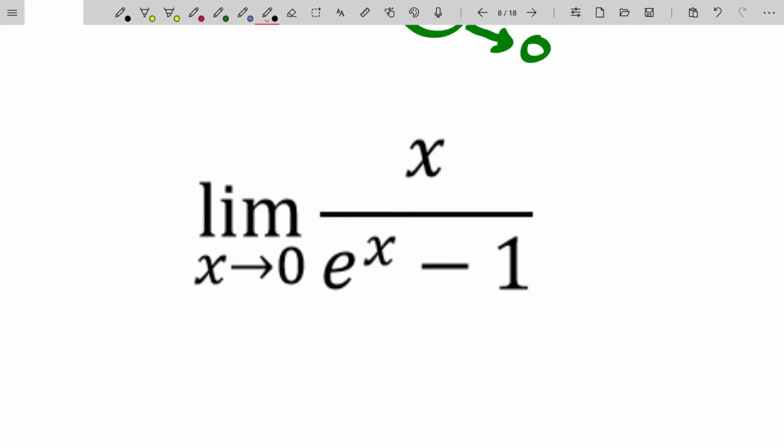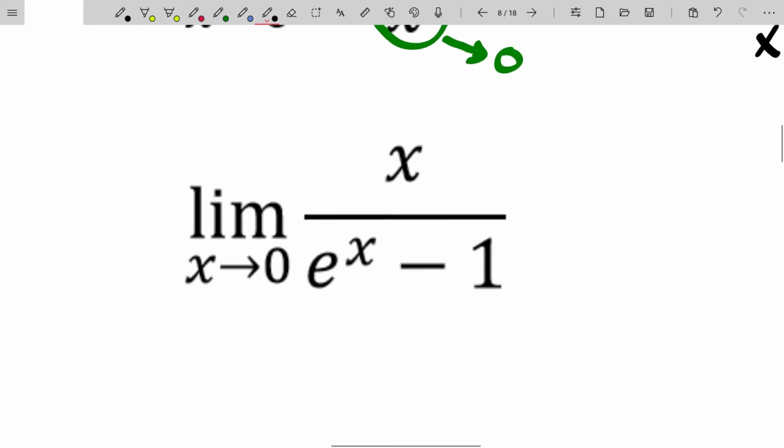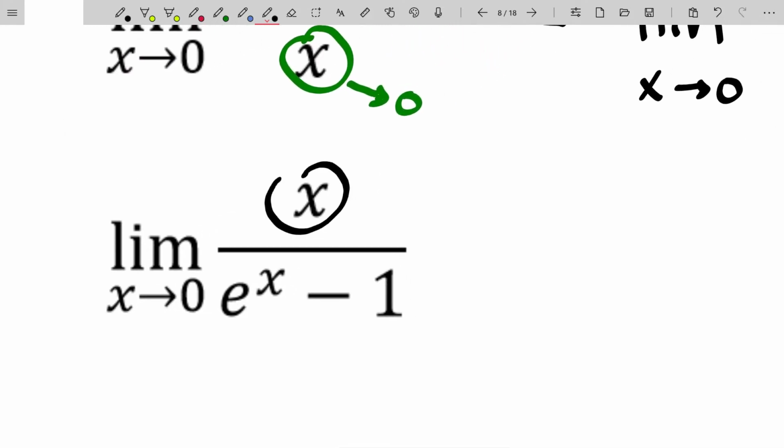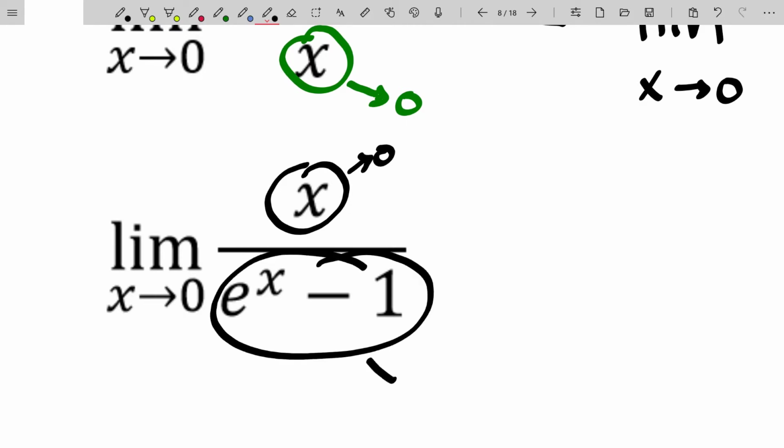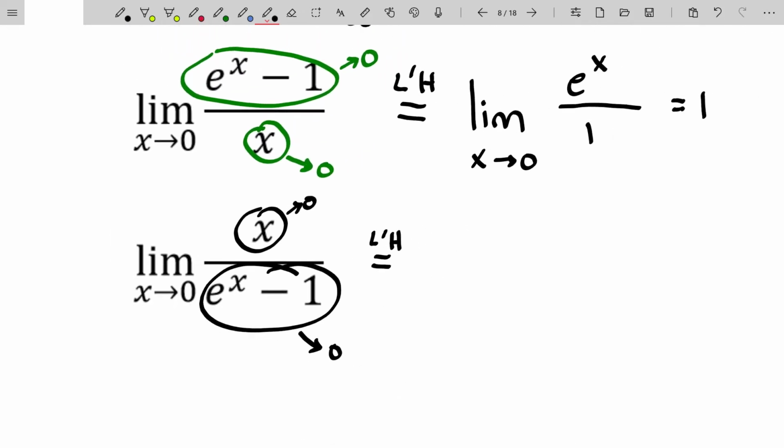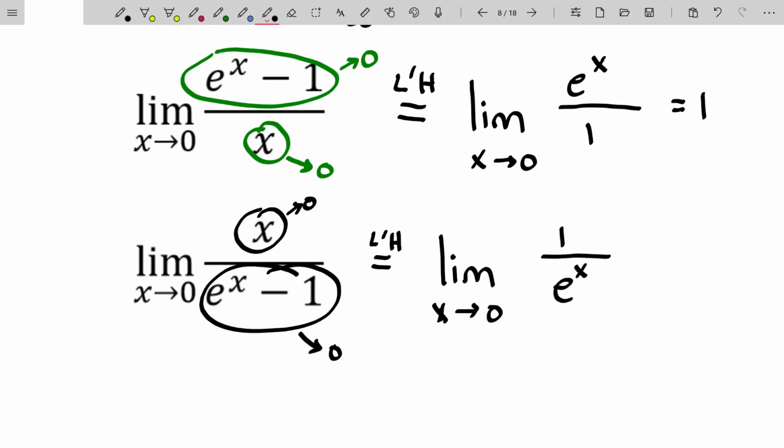Likewise, you could do the same thing in this next example, because again, the numerator is approaching 0, the denominator is approaching 0, so you can use L'Hopital's rule. Now this is actually just the reciprocal of the previous limit, so it's going to be 1, but I'm just showcasing this anyway. It's the limit as x approaches 0 of the derivative of the numerator divided by the derivative of the denominator.